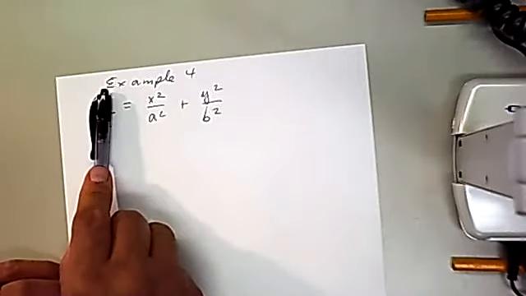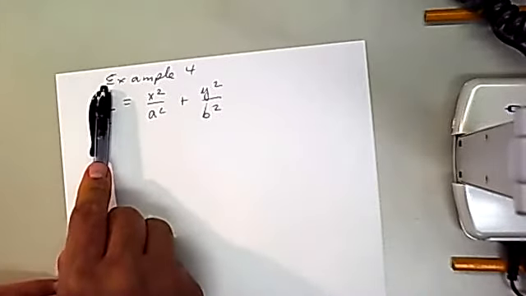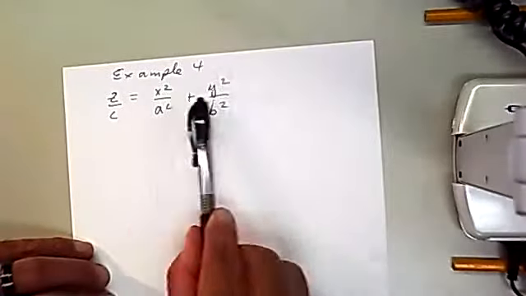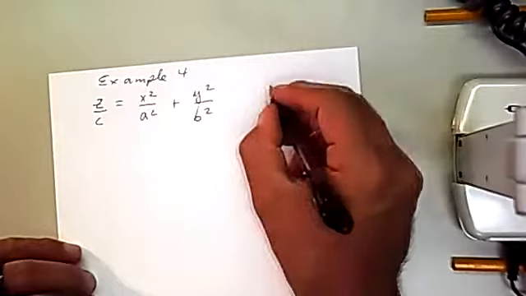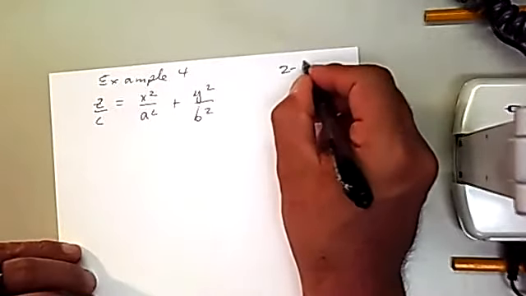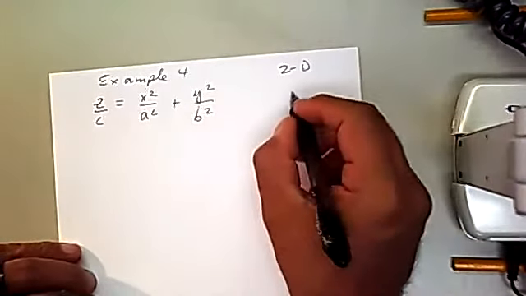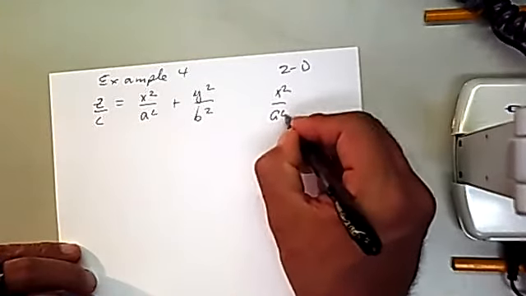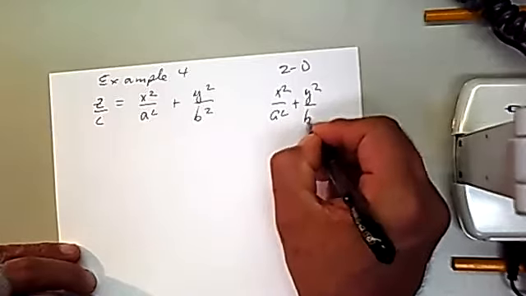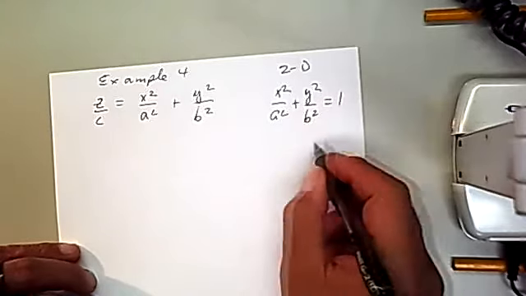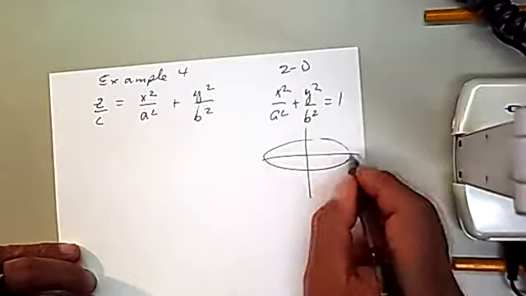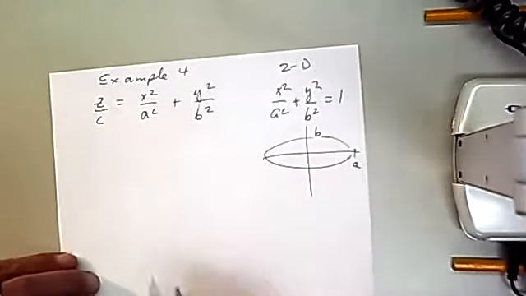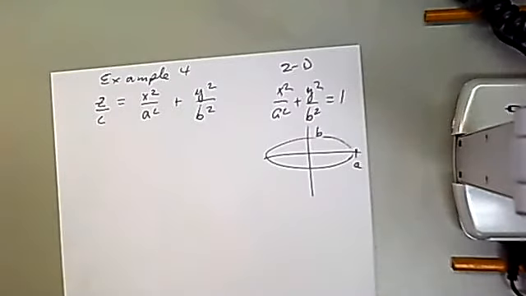If this was 1, we should be familiar with this equation. We would have an ellipse. So in 2D, this is in 3D, but let's compare to 2D. In 2D, if you have x squared over a squared plus y squared over b squared equals 1, we have an ellipse, x-axis, y-axis, this is a, and this is b, a nice, smooth ellipse.